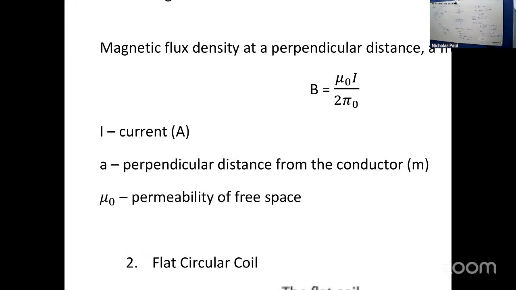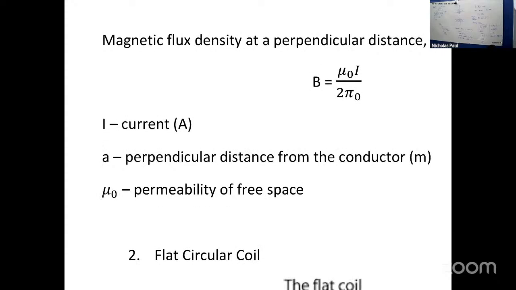Mu naught is permeability, I is current, and a is the distance away. It's not the radius, it's the distance away. Mu naught I over 2 pi a. a is the perpendicular distance from the conductor.